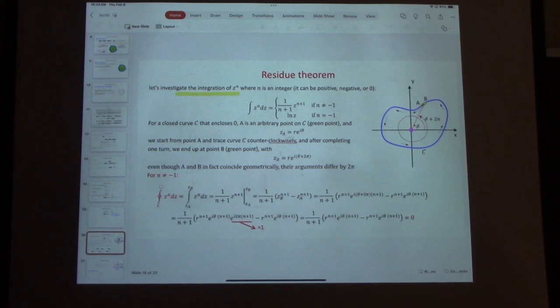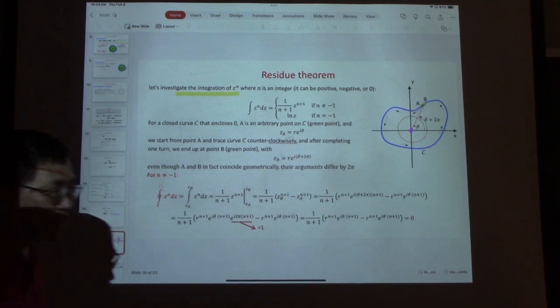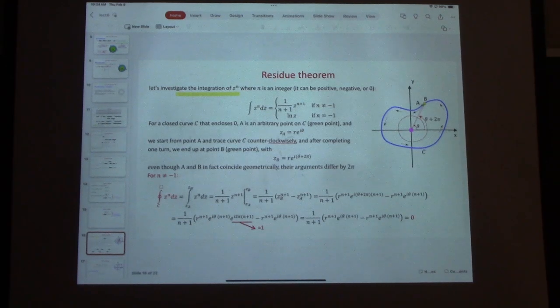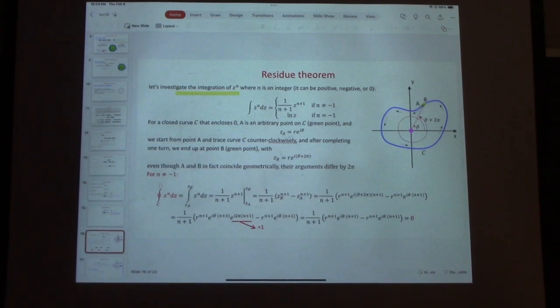It has to do with this 2 pi i times something. And that something is exactly the coefficient a minus 1, which is called the residue theorem. There are many ways to prove the residue theorem, but I came up with my own way, which I think is very cool.